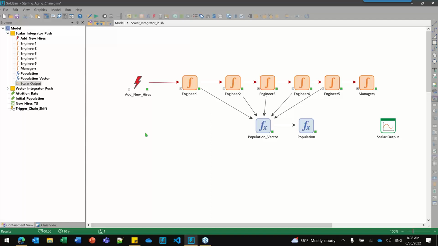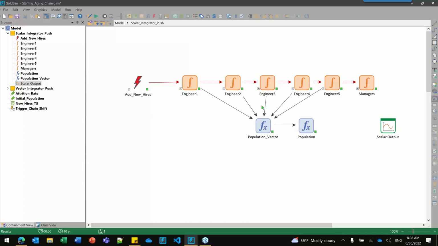So for example, you could use a submodel that looks ahead for 5 years and says, okay, based on this demand and based on this system, we're going to end up with a gap. If we don't start hiring right now, we're going to have a gap in 5 years. And so you hire ahead of time. And that is exactly what some of our customers have been doing with GoldSim.